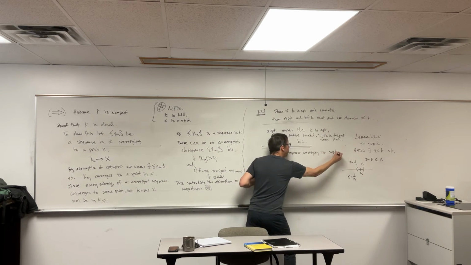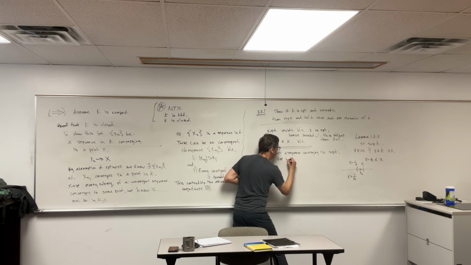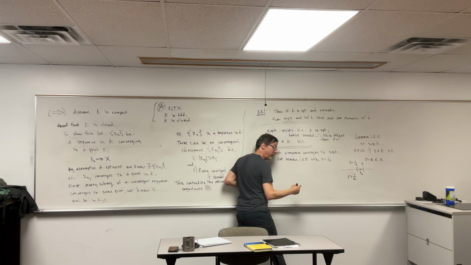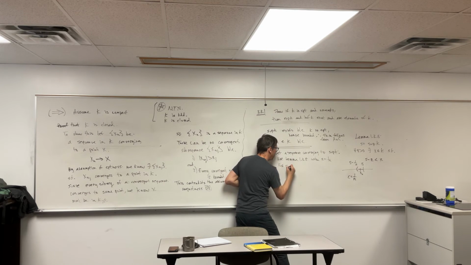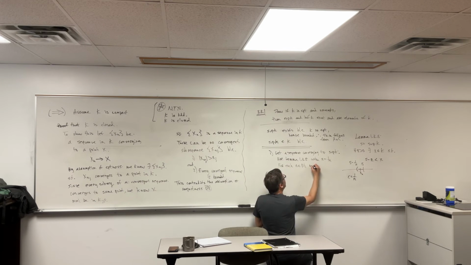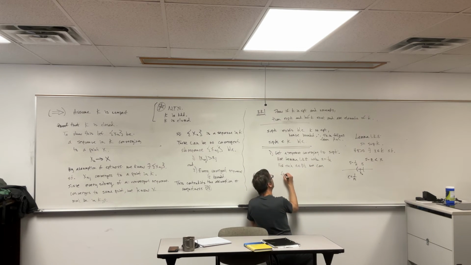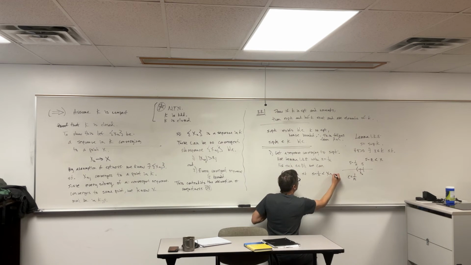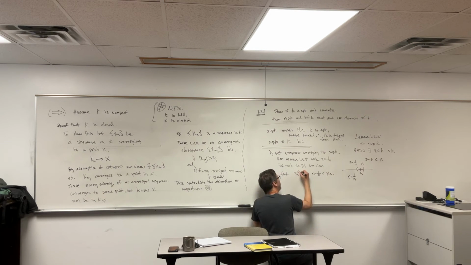To do this, we're going to use Lemma 138 with epsilon equals 1 over n. For each n, we can find an x sub n such that sup minus 1 over n is less than x sub n, and this x sub n is in the set K, more particularly.